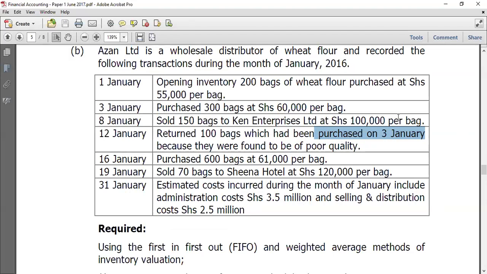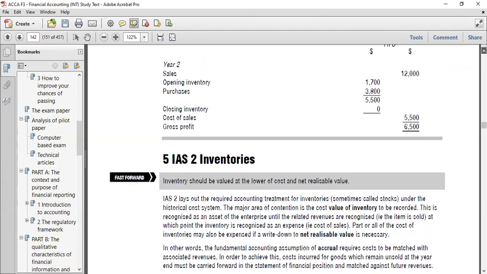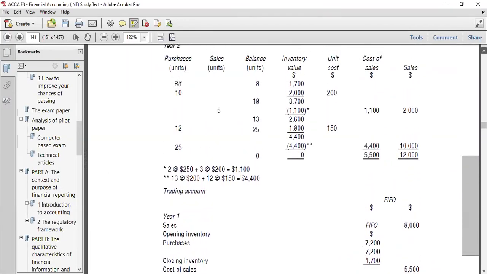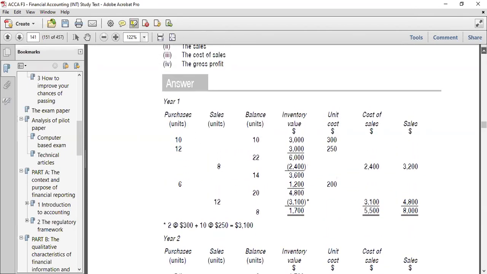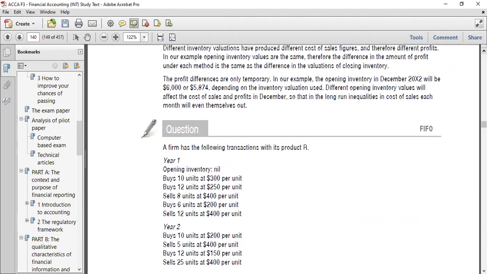Okay, and they have given us the specific goods that were returned. And then we have a purchase. We have what was purchased, so you're able to record this as well. Okay, so that should be the principle basically for you. But I encourage you to go through this material, because there are also some examples that you'll actually find in these notes that can really help you in that perspective.